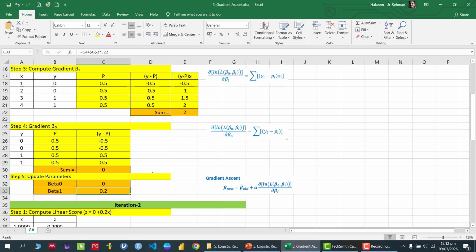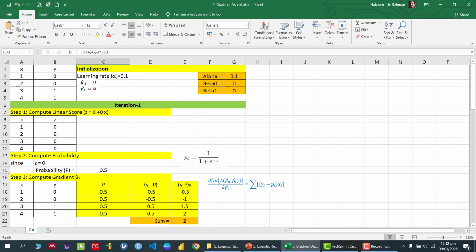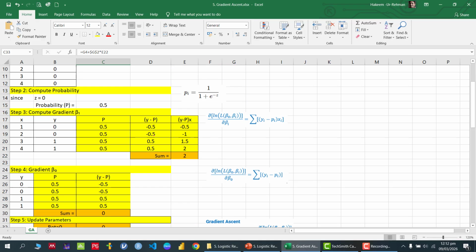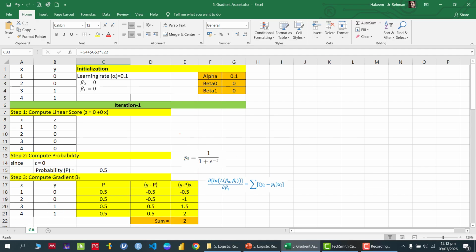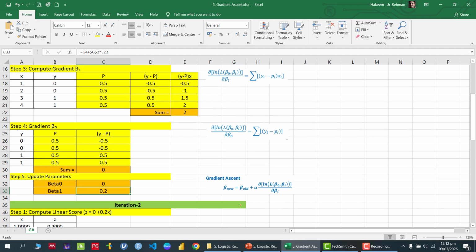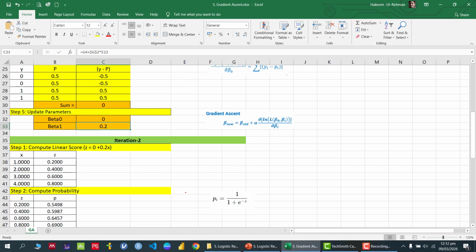Whereas the new beta 1 is going to be the old beta 1, which is 0, plus alpha, which is 0.1, multiplied by the gradient of beta 1, which was 2. So 0.1 multiplied by 2 plus 0 is going to be 0.2. So after the first iteration of the gradient ascent, we get the new beta naught and beta 1.